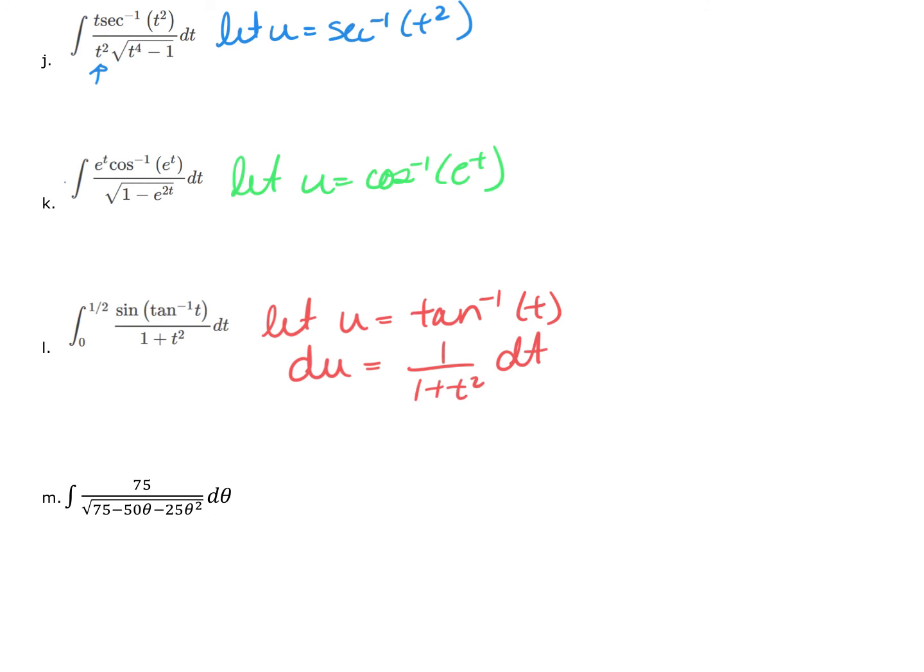If you say let u equal the tangent inverse of t, that means when t is equal to 0, u is equal to 0. When t is equal to 1/2, u is going to be the tangent inverse of 1/2, and whatever that is, not on the unit circle. So you would have to make sure you're out to so many decimals in radians.